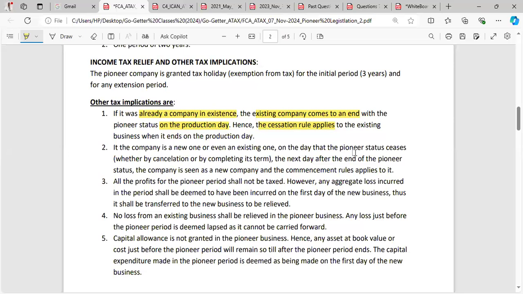If you remember what we talked about on the cessation rule in the new law, if the company ceases business before June of a particular year, it will file tax 6 months later, in the same year it ceased operation.